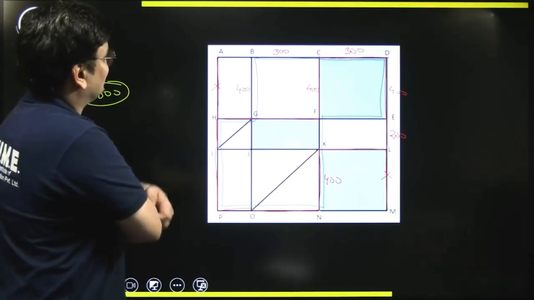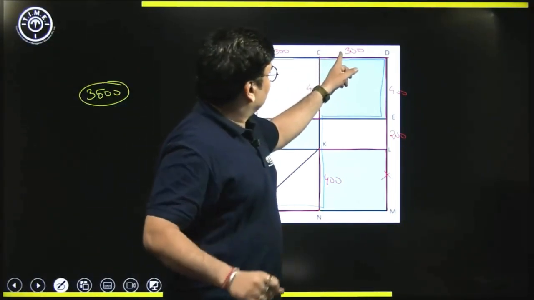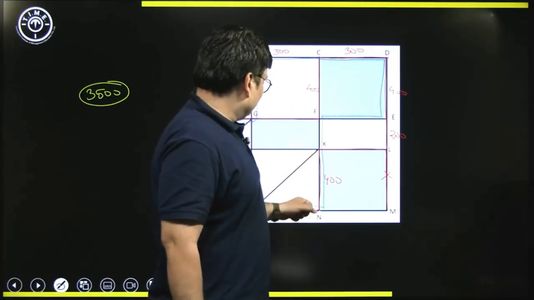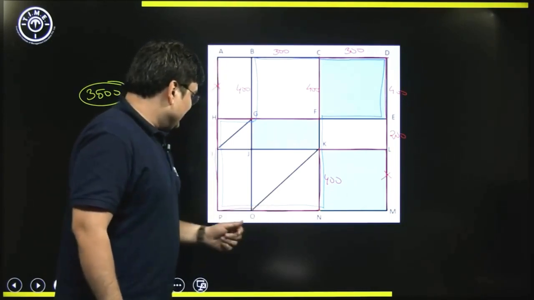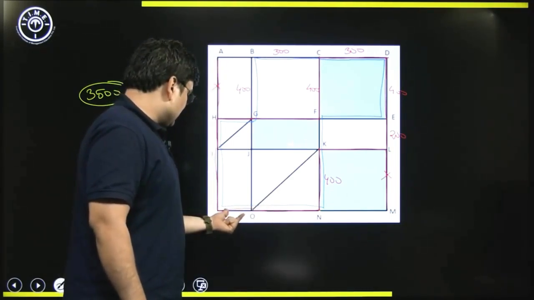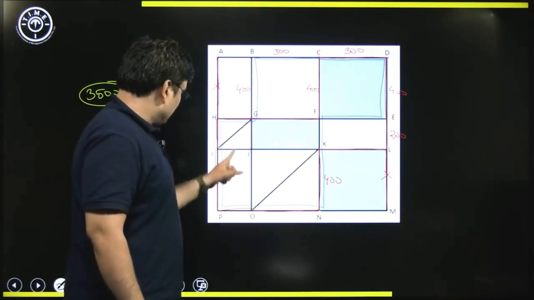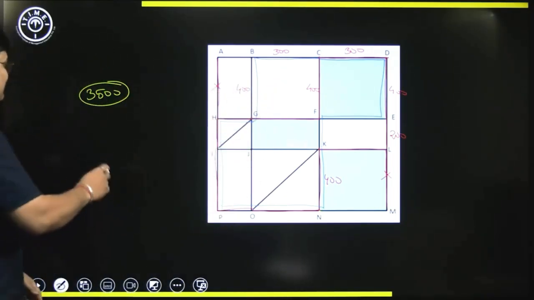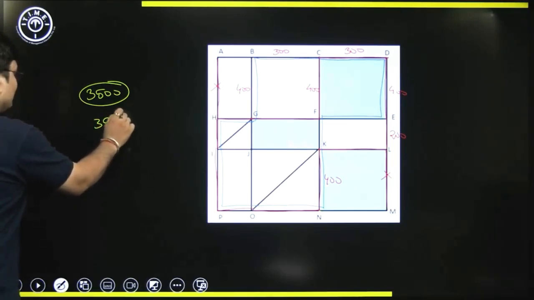We are getting 300 less, I think. 1 second. Over the blue path, 300 and 400, 700, 1000, 1200, 1600, 1900, 2200, 2200 and 600 is 2800. No, it's same. We are not missing anything. We are getting same 3500 there also.